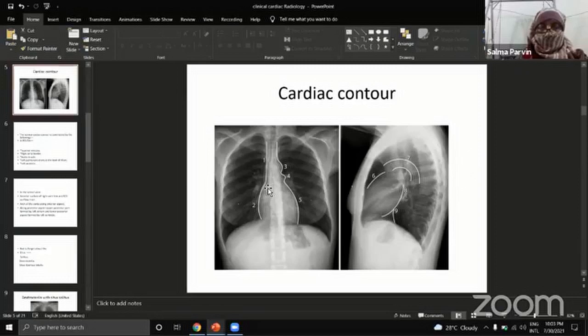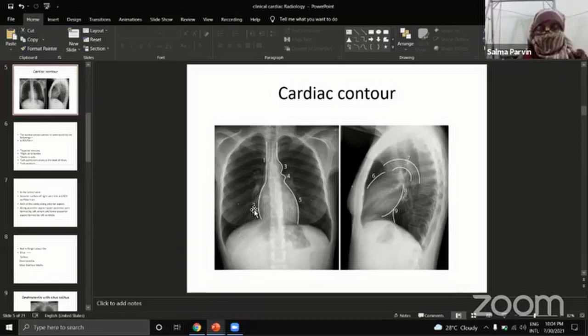This is the vascular pattern of the lung fields, another very important issue we should discuss. In the normal lung, the pulmonary trunk is here, and the left and right pulmonary arteries run downwards.